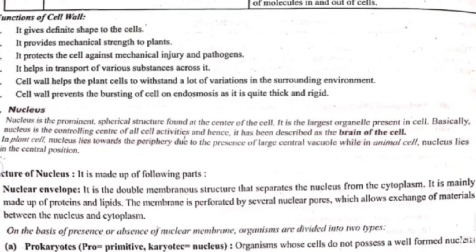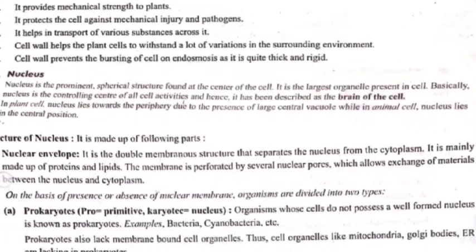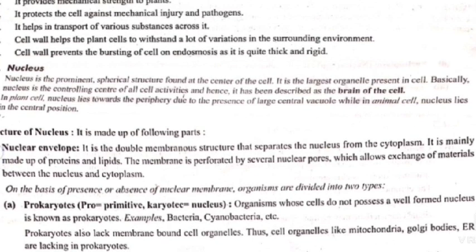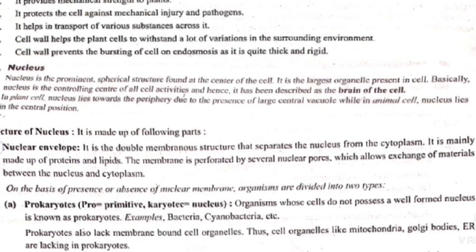Nucleus. First of all, Leeuwenhoek observed the nucleus in RBC of fish. Detailed study was done in root cells, and it was named by Robert Brown in 1831. Credit of discovery goes to Robert Brown.